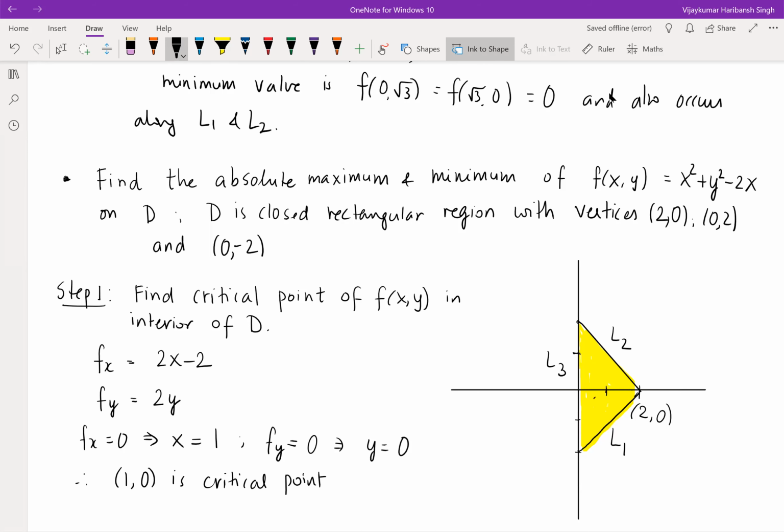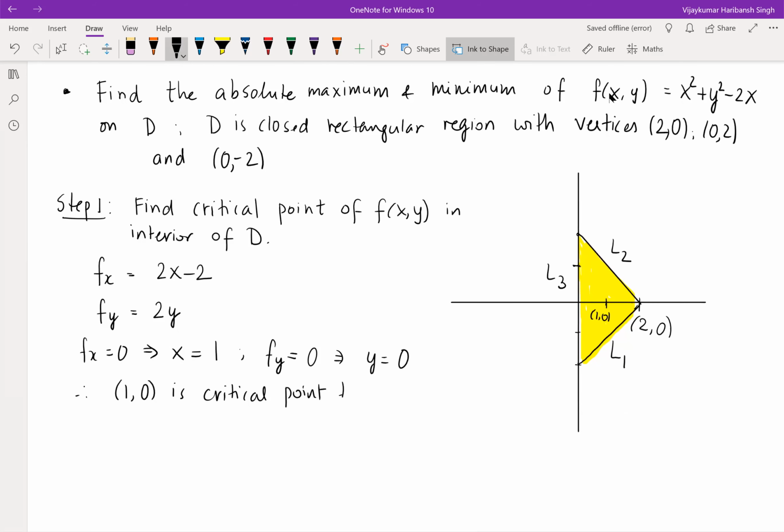So 1, 0 is the critical point that lies in the interior of D. So now we'll compute quickly f of 1, 0, which is going to be, when you substitute 1 for x, you get 1 minus 2, which is minus 1.